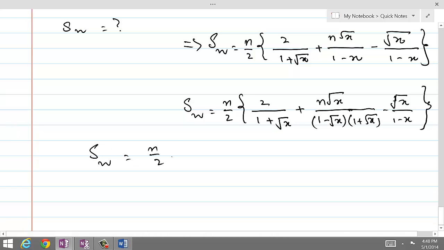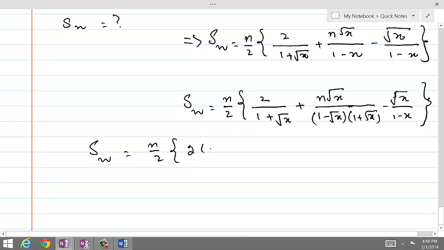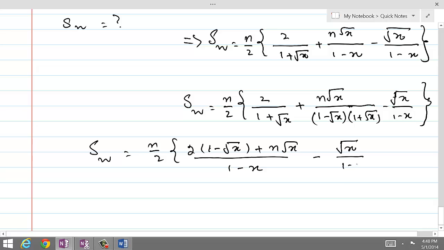N by 2 into 2 times 1 minus under root x, plus n into under root x over 1 minus x, minus under root x over 1 minus x.